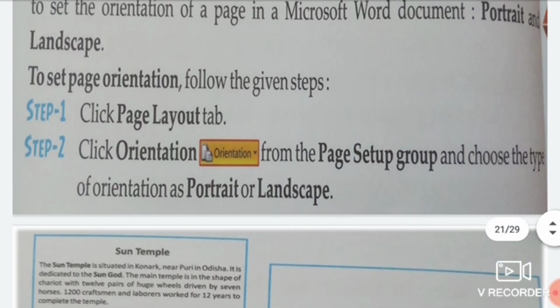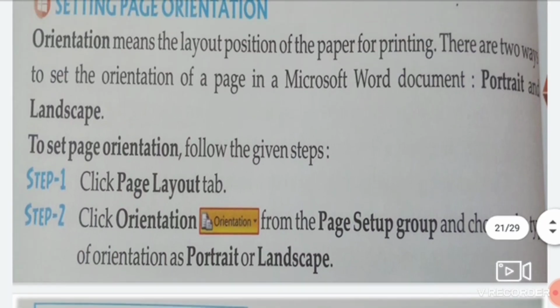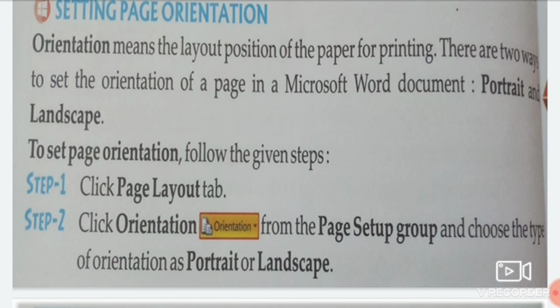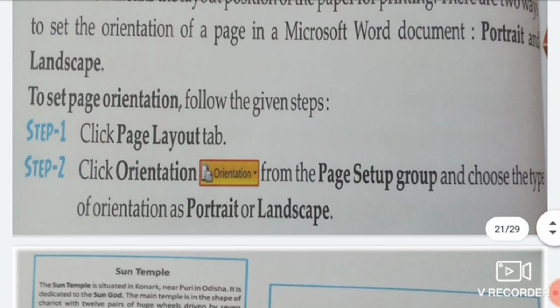If you want to change it to landscape, you need to follow some steps. Click on the Page Layout tab, then the Page Setup group, and from this group click on Orientation. From Orientation, you can choose Landscape, because Portrait is the default. When you are on landscape, you can switch to portrait also.